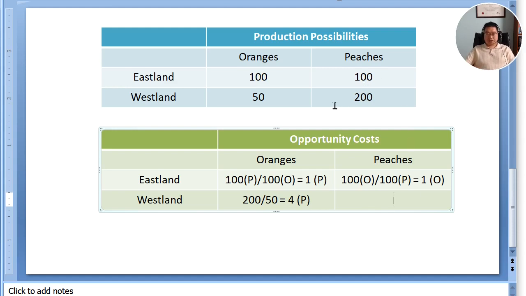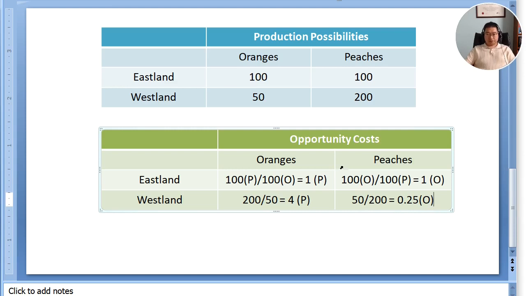To produce peaches, I give up 50 boxes of oranges divided by 200, and that is actually 0.25. So for each box of peaches I produce in Westland, I give up a quarter of a box of oranges. Only a quarter. So each box of peaches only costs me a quarter box of oranges.